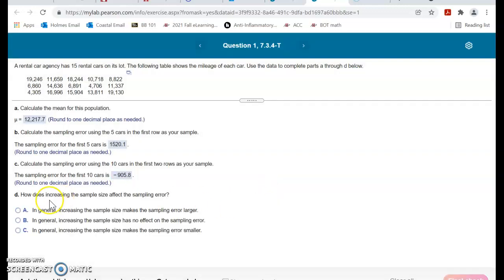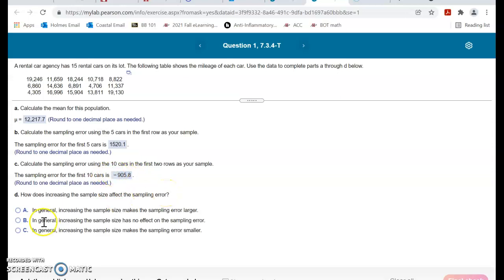Okay. And then what happened here when we increased this sample size? So at first the difference between the sample mean and the population mean was over 1,000, almost to 2,000, or halfway to 2,000. But when we increased the sample for the second one, we got the difference down to 900, which is a smaller difference.